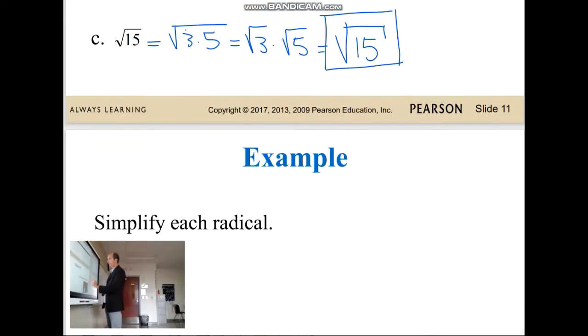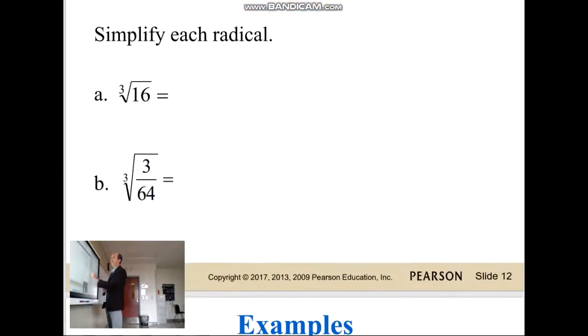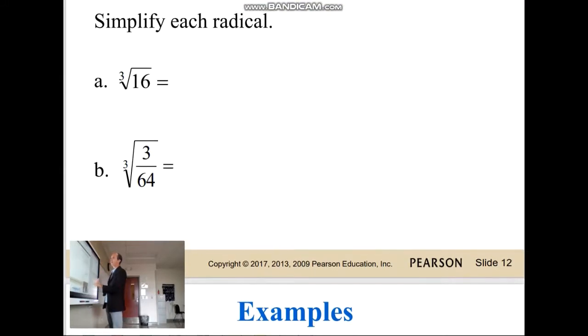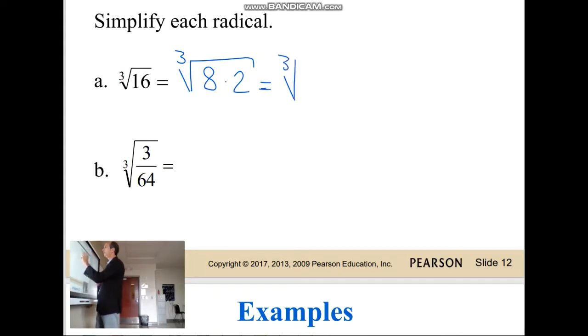More examples. Simplify each radical. Now we have cube root of 16. We can factor 16 out, and it's going to be 8 times 2, right? We can use the product rule here and split it into cube root of 8 times cube root of 2.